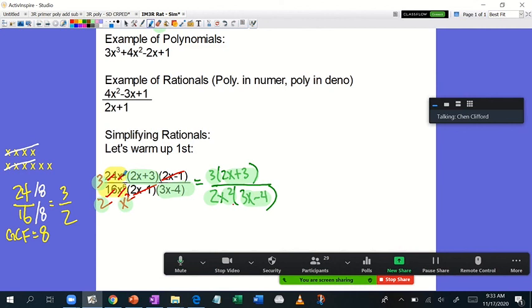And then in the yellow highlights, you're looking at the x's. If you have 4 x's on top, 6 on bottom, you're left with 2 on bottom after canceling. That's what happened here. 24 over 16, your GCF is 8, and it reduces to 3 over 2. And this is your final answer, reducing rationals. So I'm going to give you around 4 problems to do to practice this.